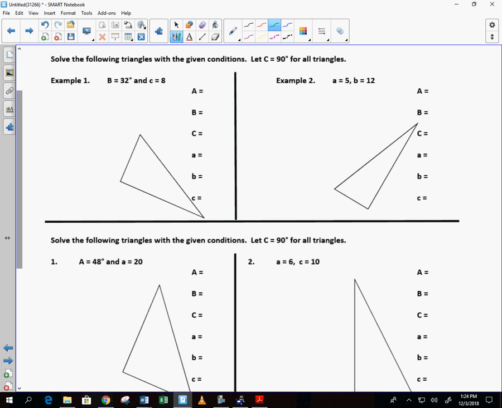It says, solve the following triangles with the given conditions. Let C equal 90 degrees for all triangles. I'm going to call this 90 degrees.